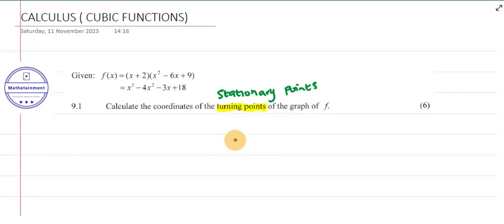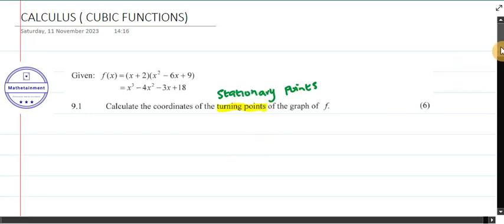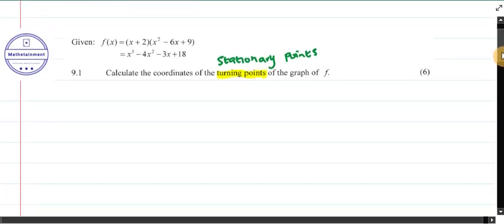So you can be told that you are required to calculate the coordinate of the turning point of the graph of f, or you are required to find the coordinate of stationary points. Okay, how do you find the stationary point?